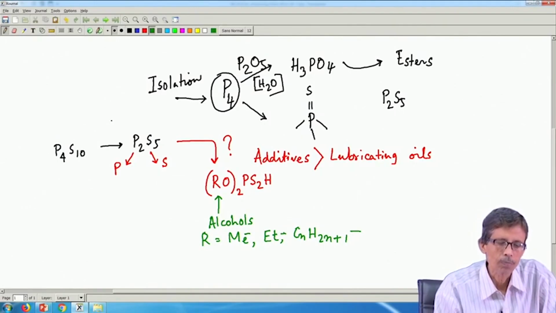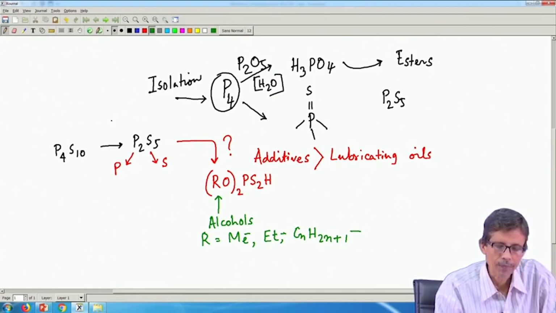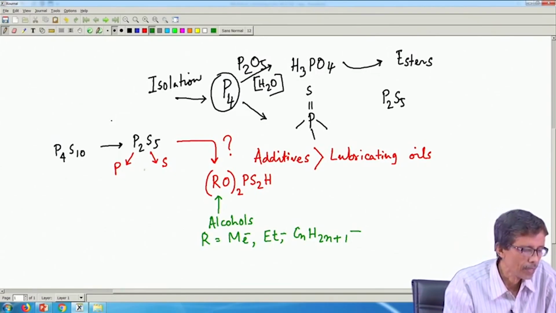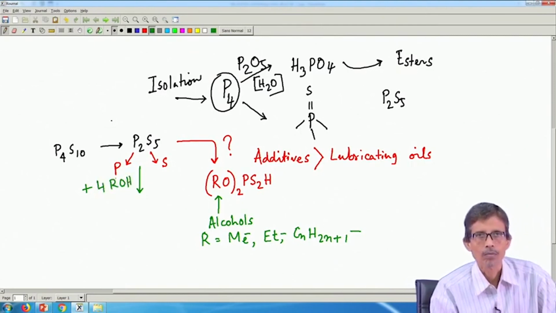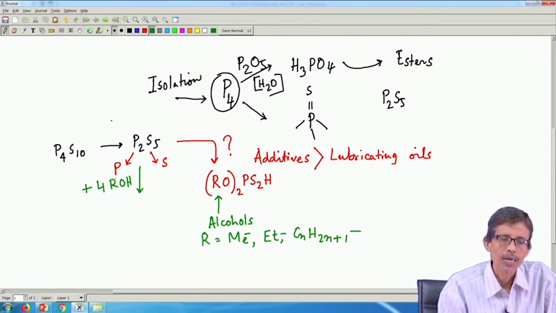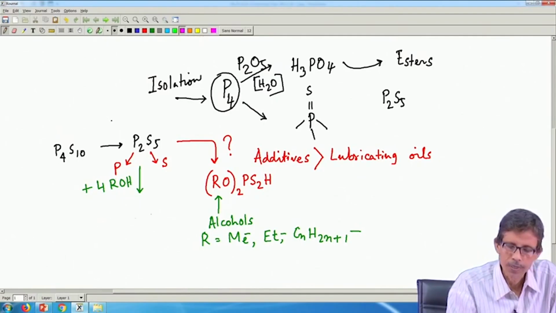So, this particular P2S5 or rather P4S10 will be highly reactive in nature. So, if we just simply react it with 4 of your ROH, the alcohol, the 4 of that ROH giving us the corresponding species, that means this will be formed.